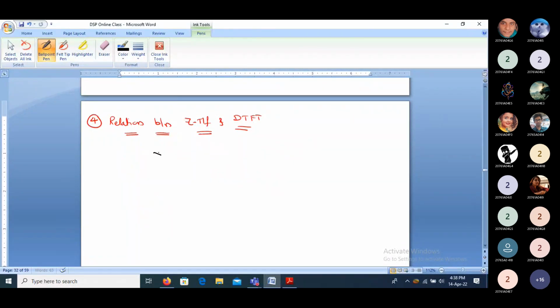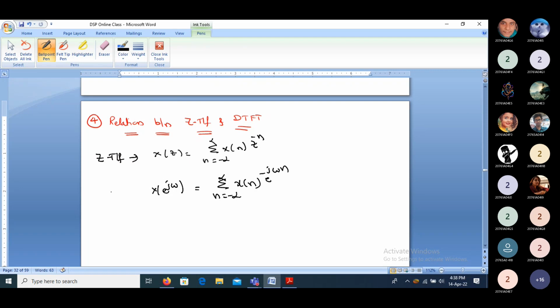First, the Z transformation definition: X of z is equal to summation n equals minus infinity to infinity x of n into z power minus n. And similarly for the frequency response DTFT, X of e power j omega is equal to summation n equals minus infinity to infinity x of n into e power minus j omega n. This is the Z transform of the sequence x of n, and this is the discrete time Fourier transform of the sequence x of n.